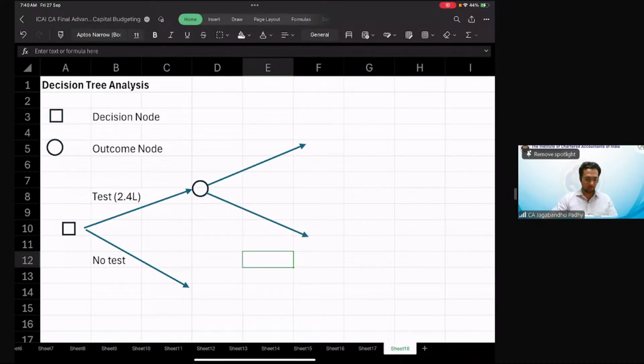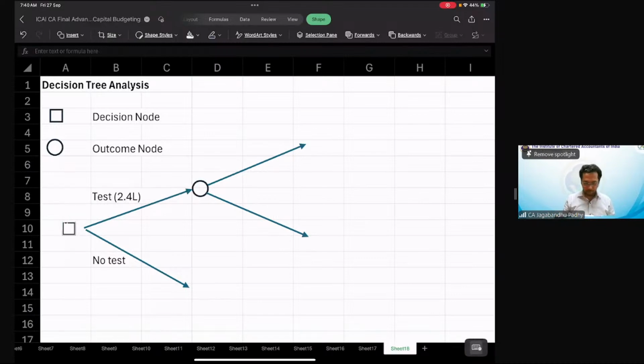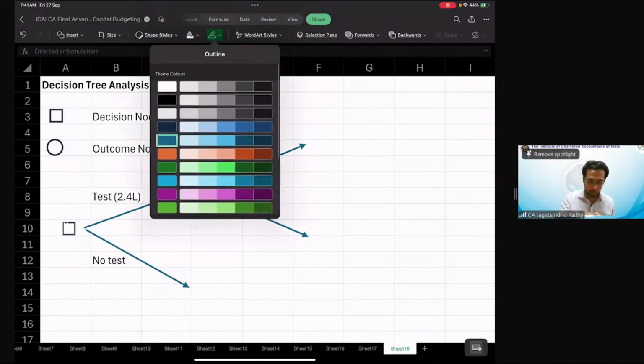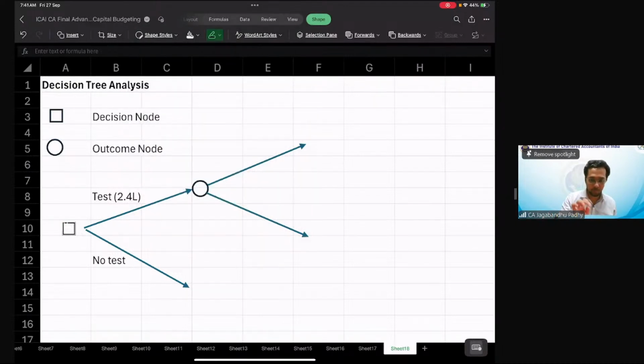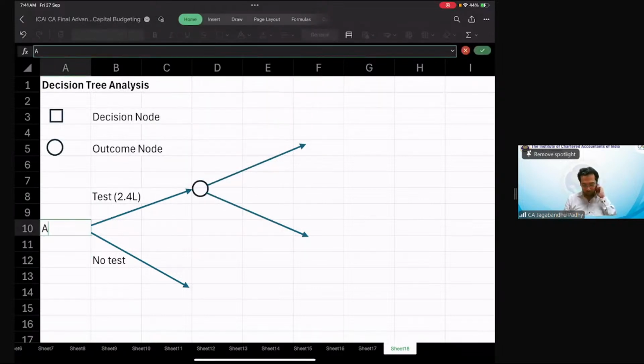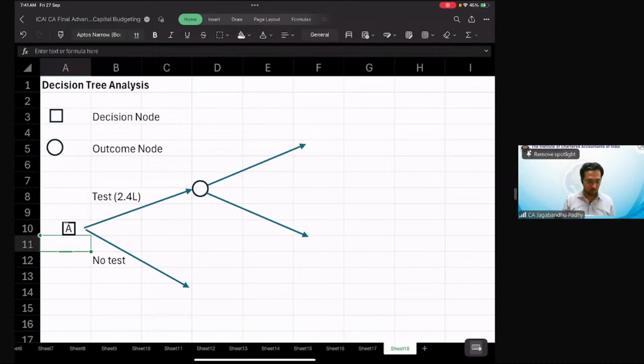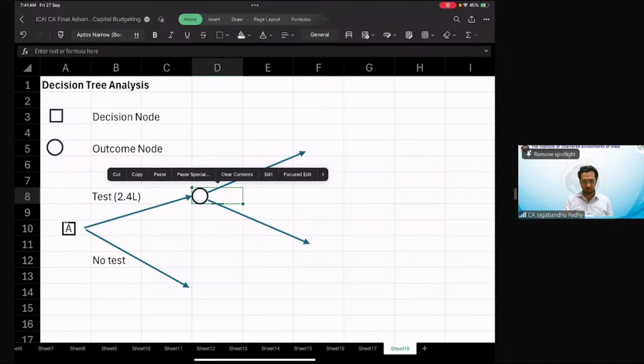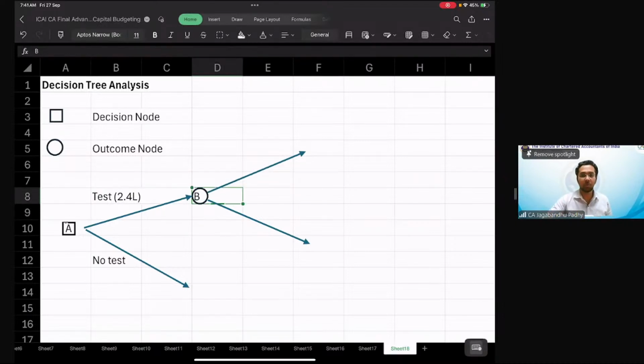Let's say this is node A. Yeah, this is node A, and then from here we have our node B. So at B, we can face either a success of the test, or a failure of the test.